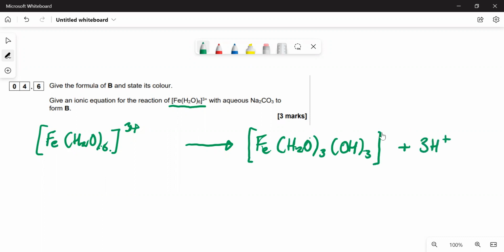Now the carbonate ions, I'm using a different color here. Carbonate ions act as bases. They accept protons. Each carbonate ion will only accept 2 protons. By the way, this is the formula of precipitate B, and it's dark brown.